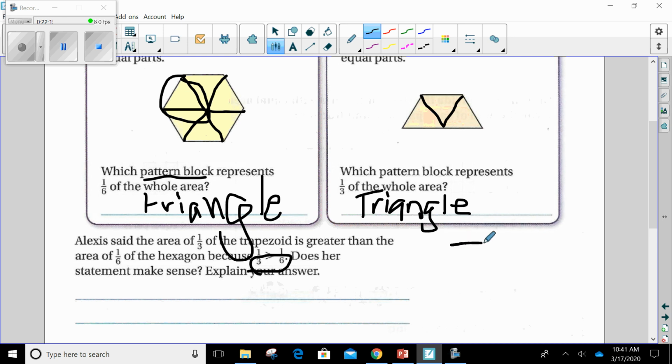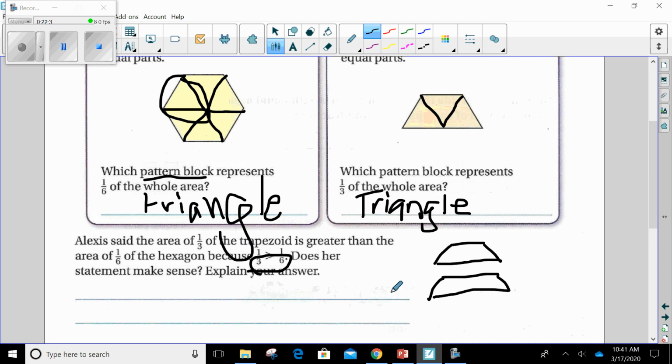If she was comparing 2 trapezoids, she has 2 trapezoids here. In Mrs. Key's world, they're the same, they're congruent. And she divided this one into 6, and she divided this one in third, then she could have that answer.